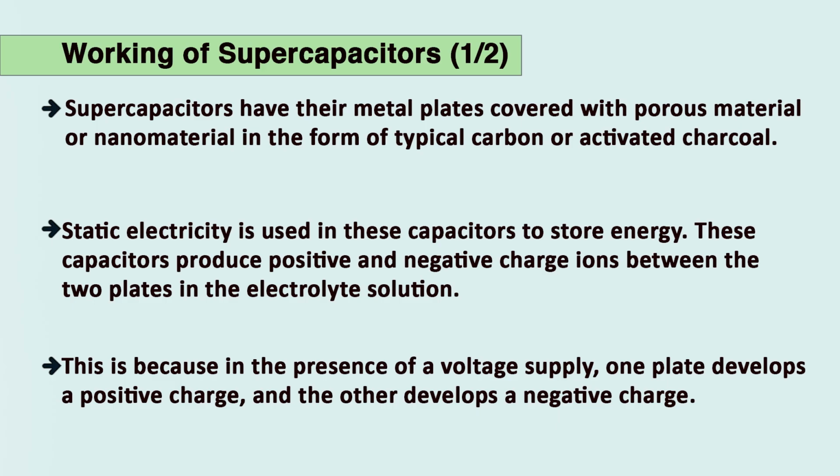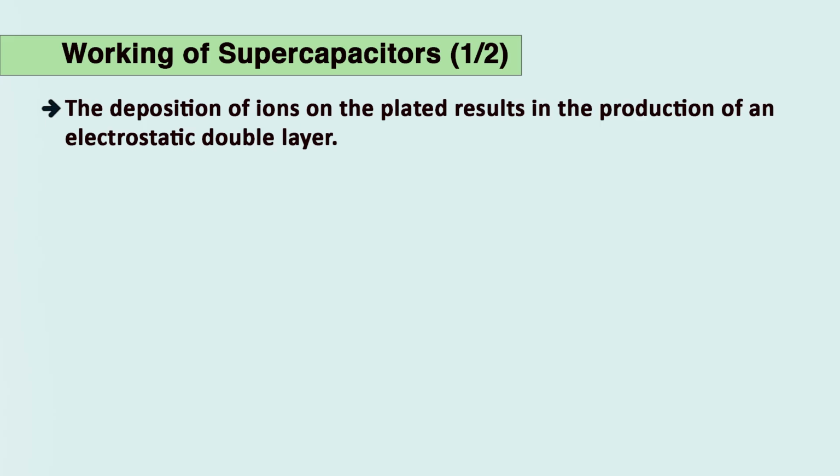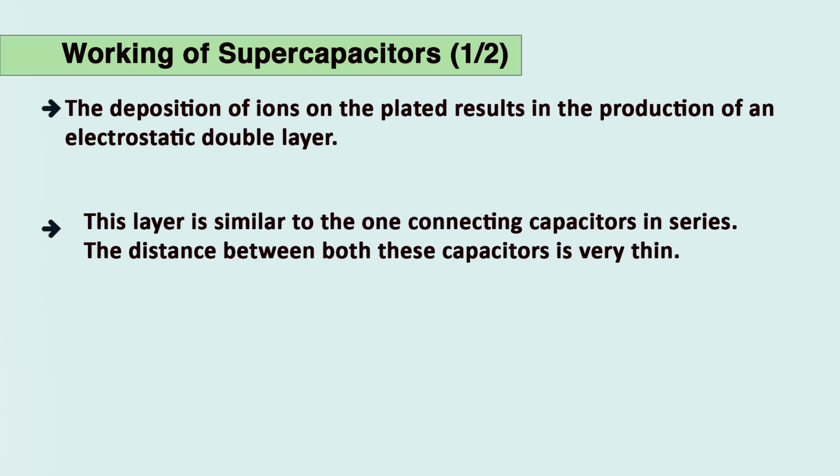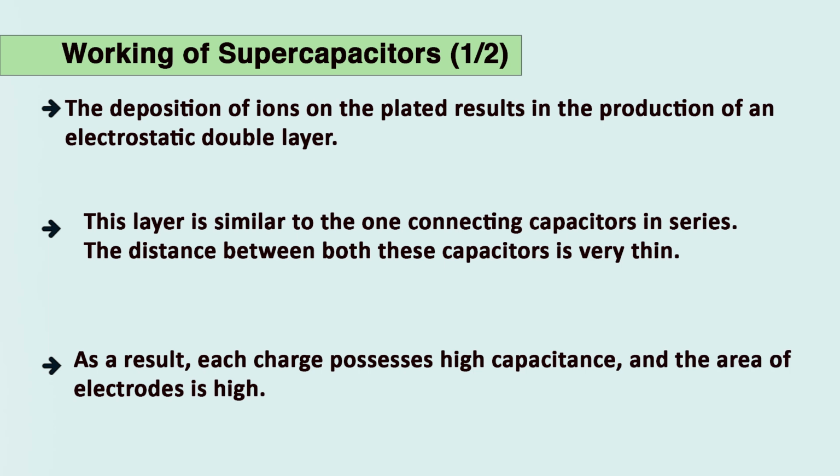One plate develops the positive charge and the other plate develops the negative charge. The deposition of ions on the plate results in the production of an electrostatic double layer. This layer is similar to connecting capacitors in series, and the distance between them is very thin. As a result, each charge possesses a high capacitance and the area of the electrodes is high.